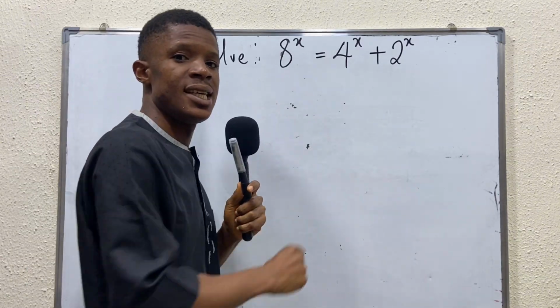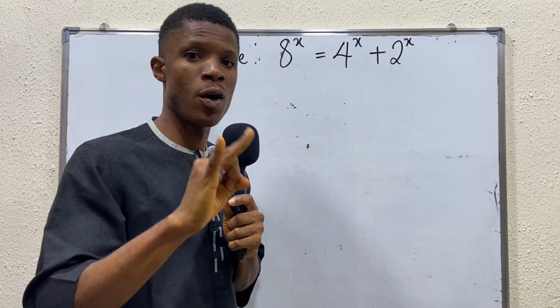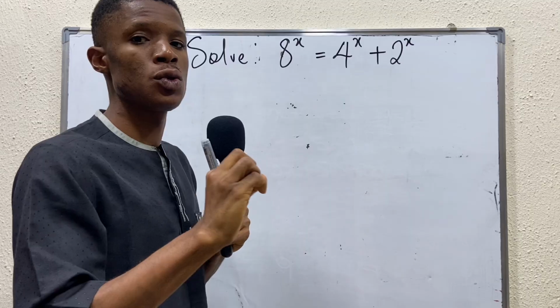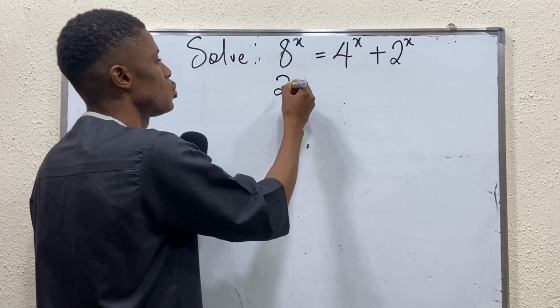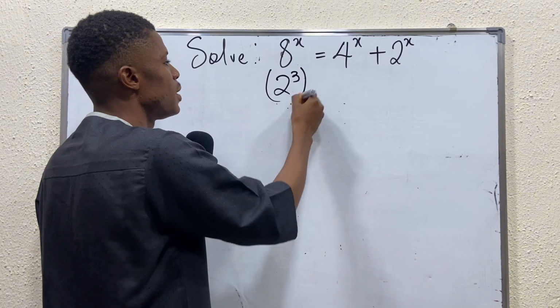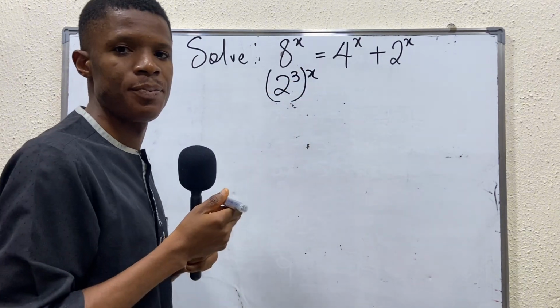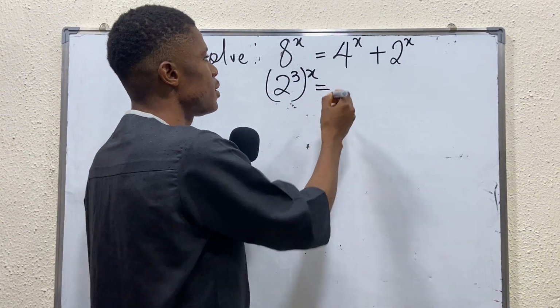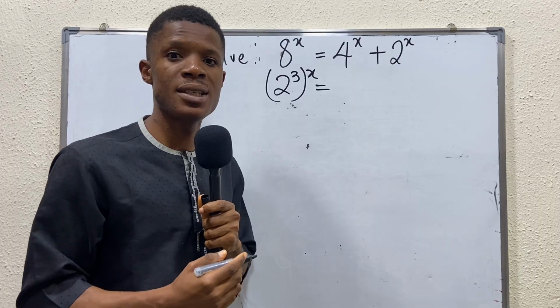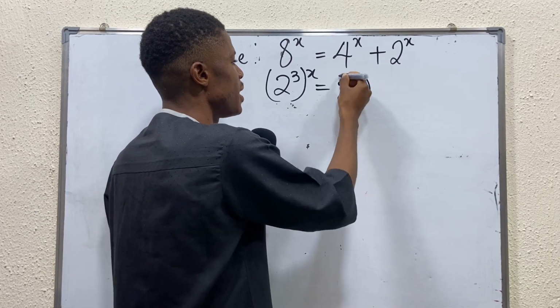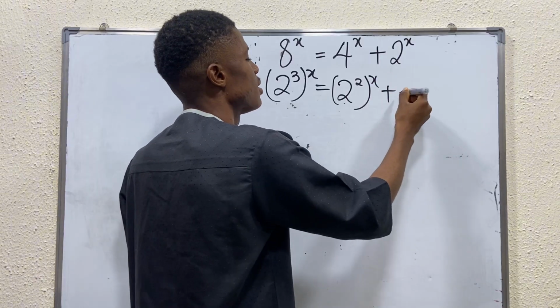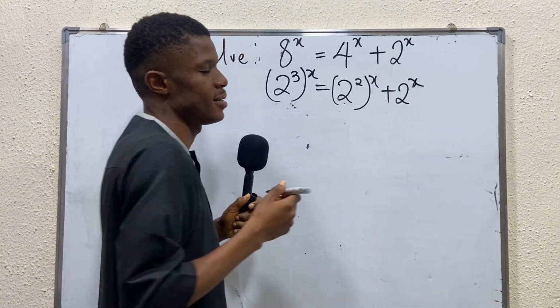Remember, 8 is the same thing as 2 times 2 times 2, which is 2 to the power of 3. So instead of writing 8, I will write 2 to the power of 3, then the already existing power x. Then for the next number, which is 4, 4 can be seen as 2 squared, right? So I will say 2 squared, already existing power x, plus 2 to the power of x.